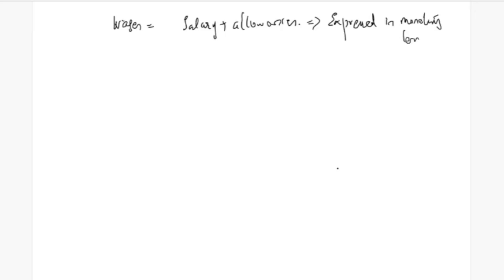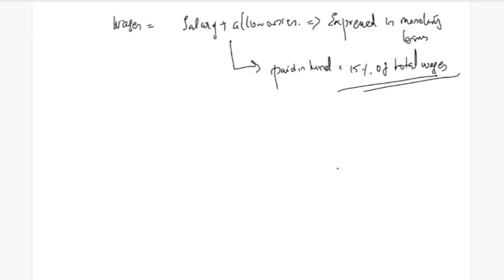So wages includes salary and allowances that are expressed in monetary terms, and if this salary and allowances are paid in kind, it cannot exceed 15 percent of total wages. So I cannot pay 100 percent of the wages in kind. The wages paid in kind will be limited to 15 percent.